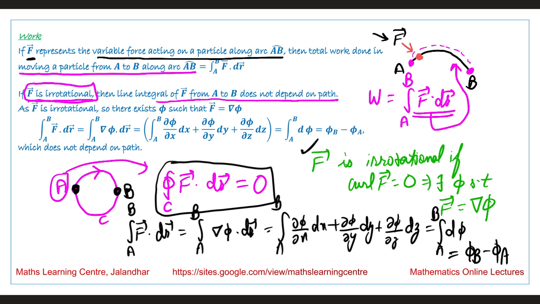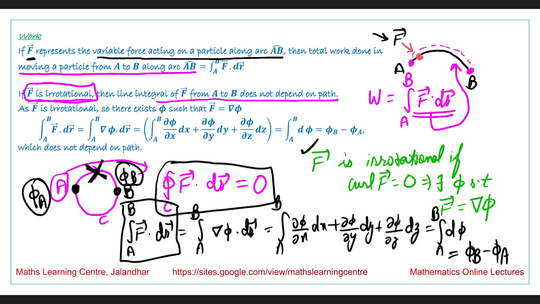So the line integral, that is the work done from moving the particle from A to B, depends upon the scalar potential at B and the scalar potential at A, and it does not depend upon the path.